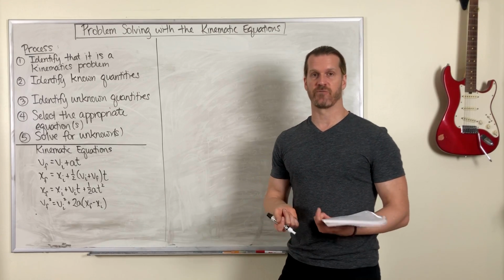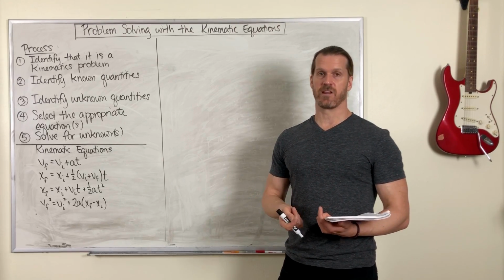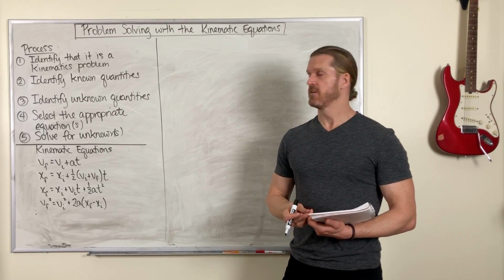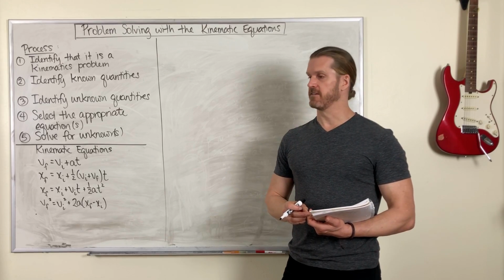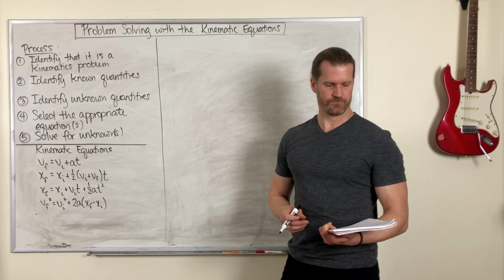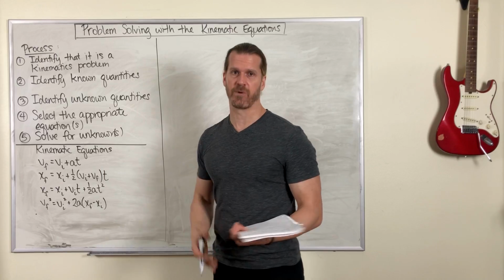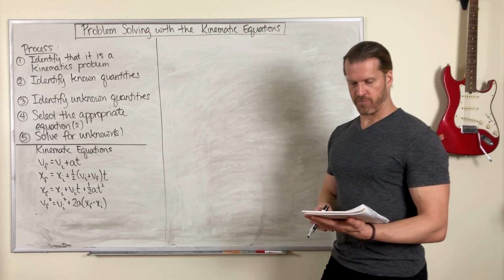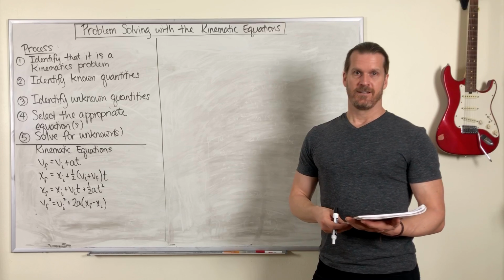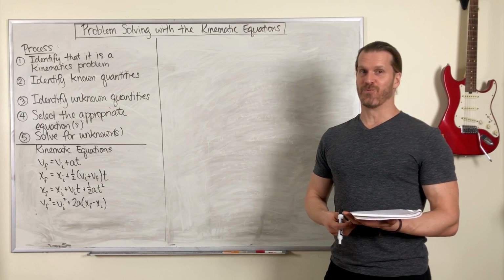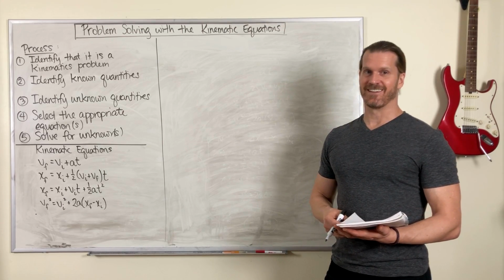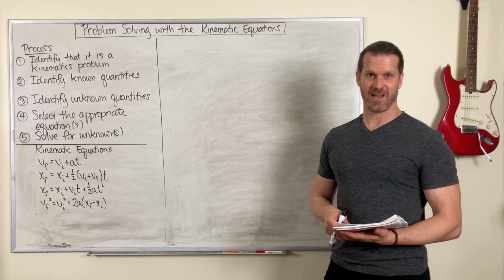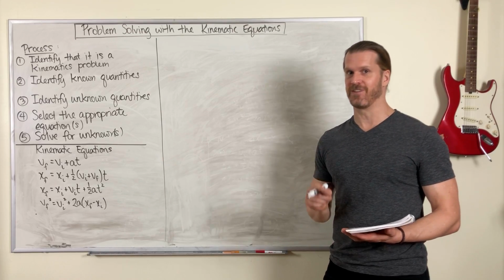You might have to do some algebra. In some cases, you might have to use the quadratic formula. We'll get to that in the next video. So let me show you how this works by going through 3 examples. They're all pretty simple. We will deal with some pretty intricate kinematics problems, especially when we do 2D kinematics.